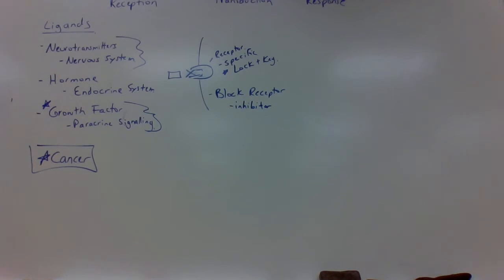So that would be an effective strategy to prevent one cancer cell from being able to communicate with another cancer cell. Right? You block the receptor that the growth factor would bind to. Does that make sense to all of you? So when we looked at these receptors, we talked about 4 different types.